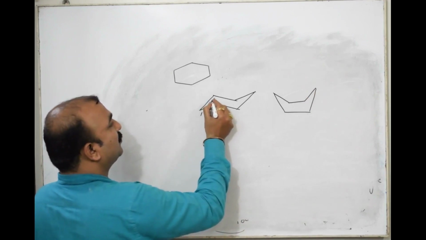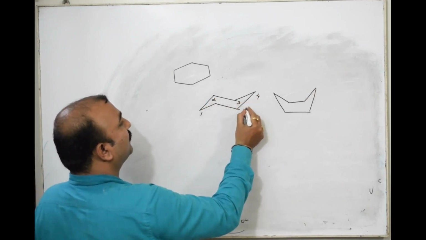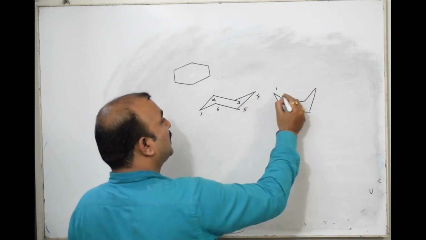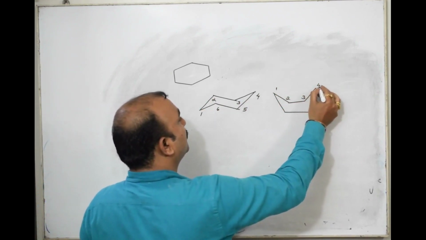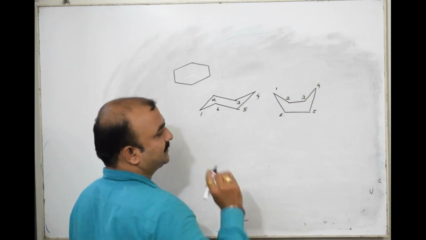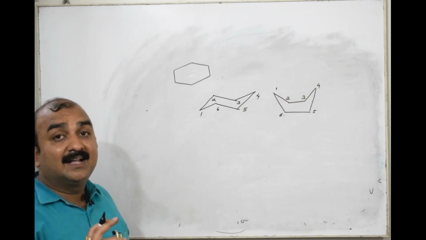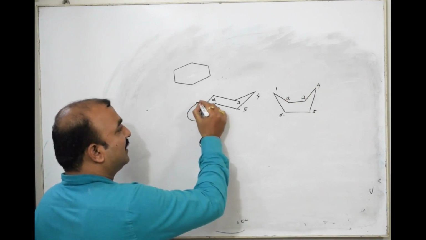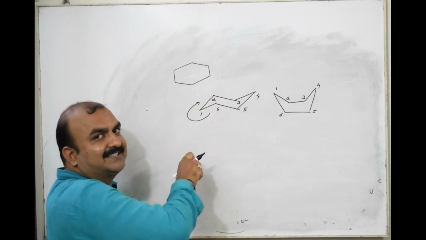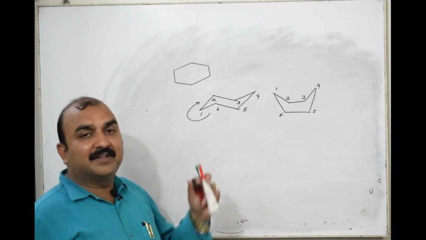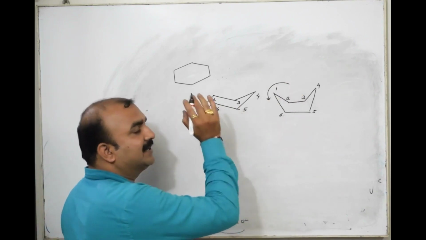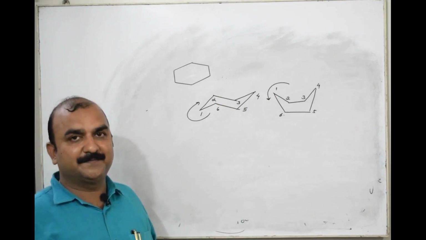This is carbon number 1, 2, 3, 4, 5 and 6. As I have told you, there is restricted rotation. If we rotate carbon number 1 and 2 and 1 and 6 in a restricted way, we get the boat conformation. And if we do this restricted rotation, it gets converted into the chair conformation.